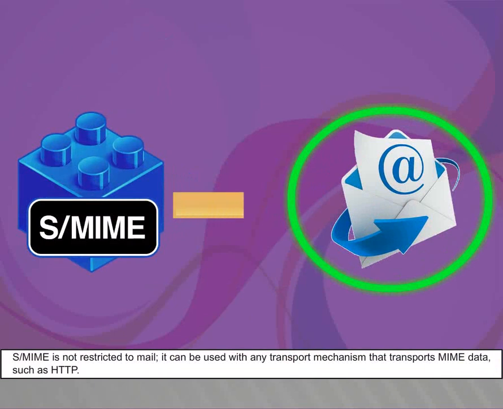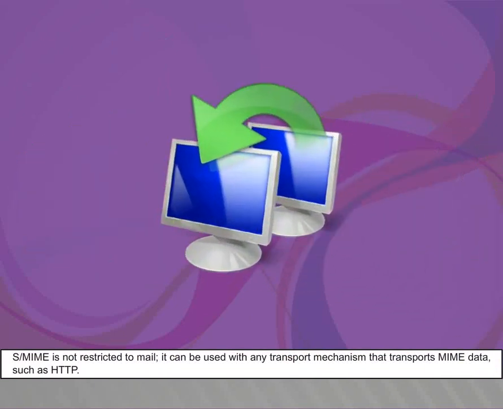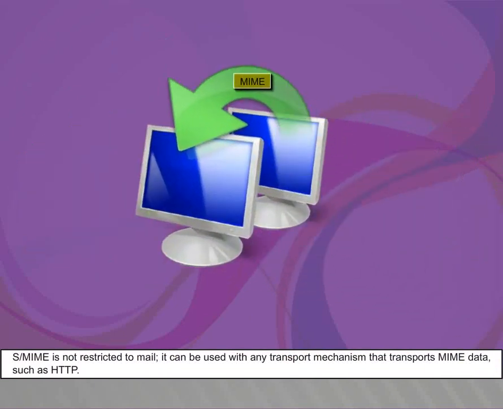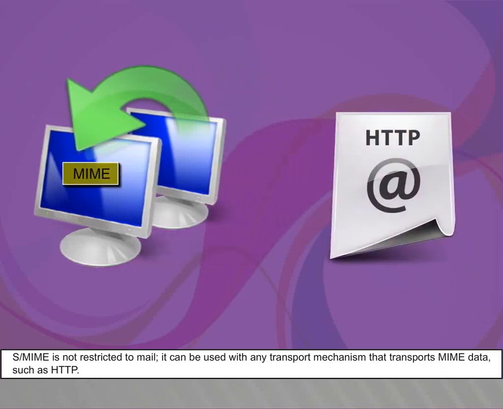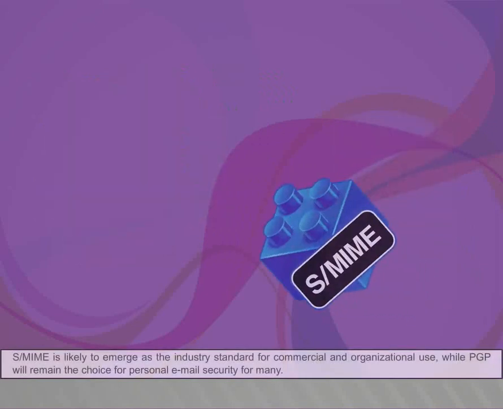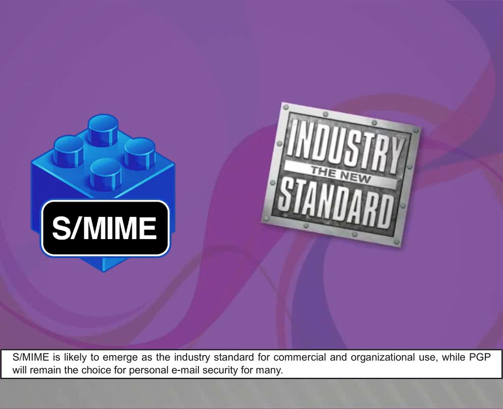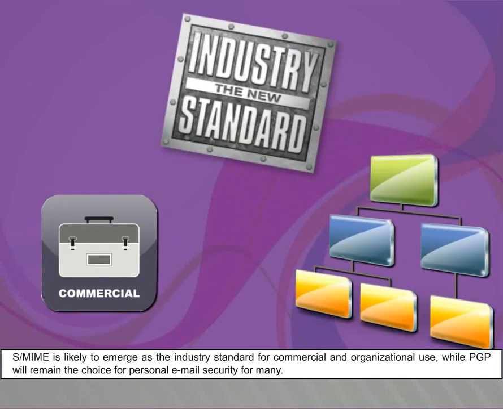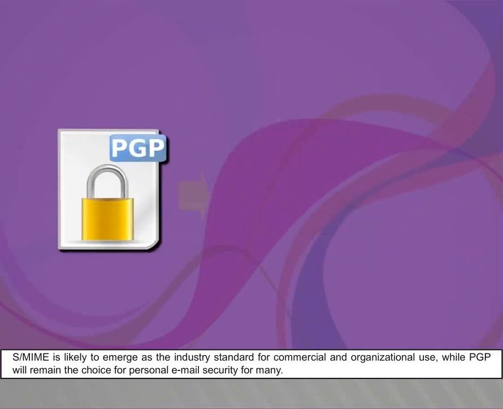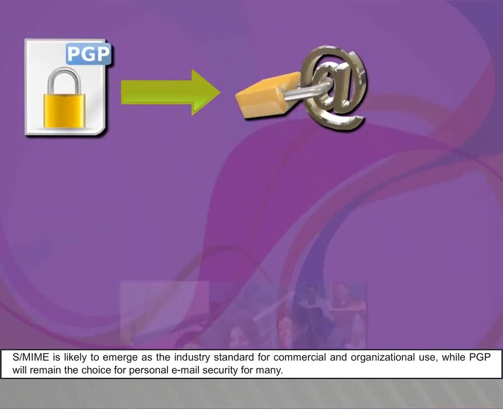S/MIME is not restricted to mail. It can be used with any transport mechanism that transports MIME data, such as HTTP. S/MIME is likely to emerge as an industry standard for commercial and organizational use, while PGP will remain the choice for personal email security for many.